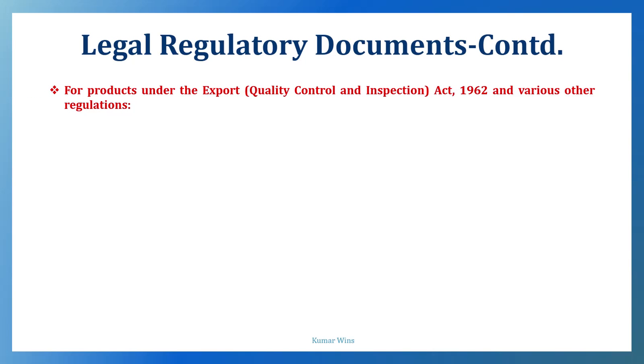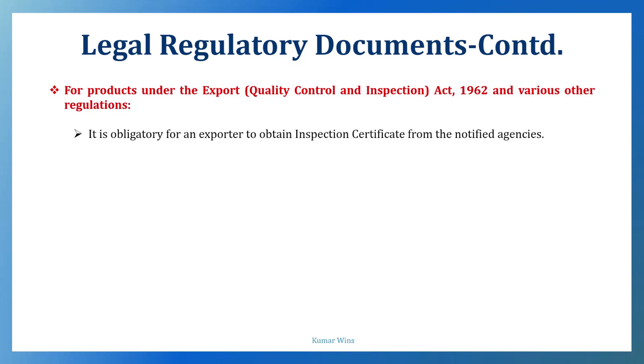And for products under the Export Act 1962, that is the Export Quality Control and Inspection Act 1962, and various other regulations, it is obligatory for an exporter to obtain an inspection certificate from the notified agencies. And for obtaining this inspection certificate, the exporter has to apply in a document called intimation for inspection.